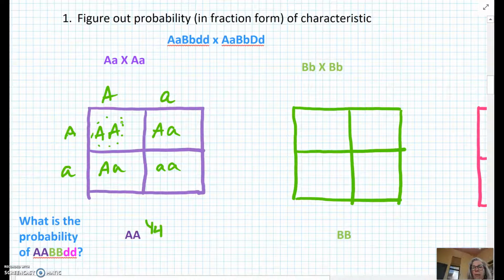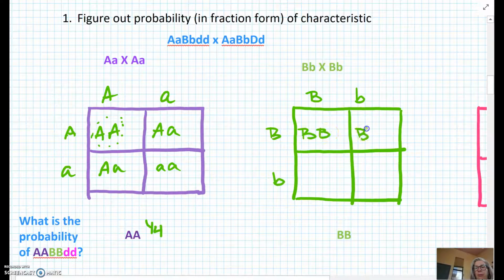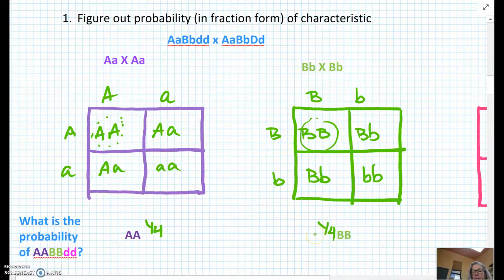Let's go on to the B characteristic. The parents were again heterozygous, so I would do the same thing I did before, and I will fill in my Punnett square. And again, my question asked, what's the probability of a homozygous dominant for B? And again, I just have 1, so that would be 1/4 again.